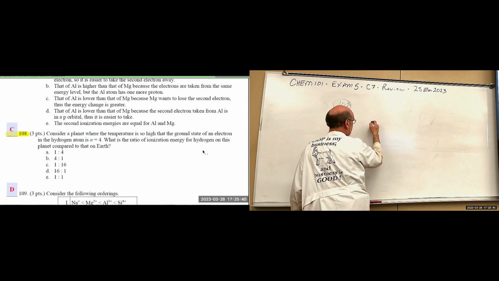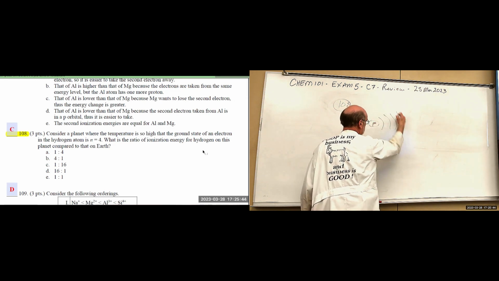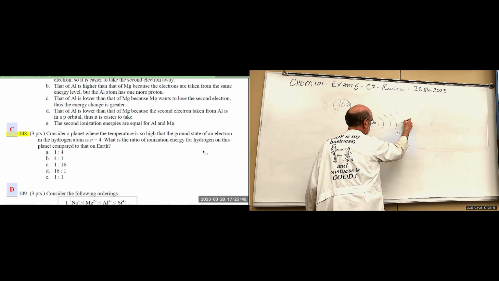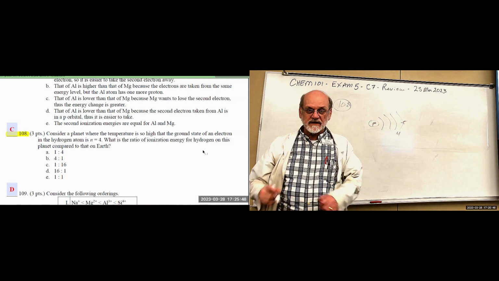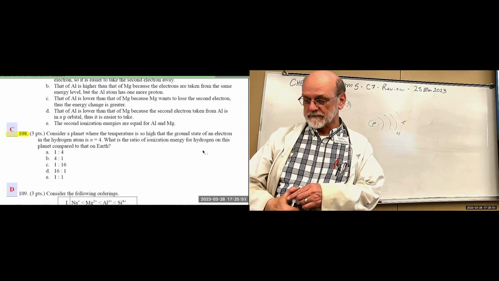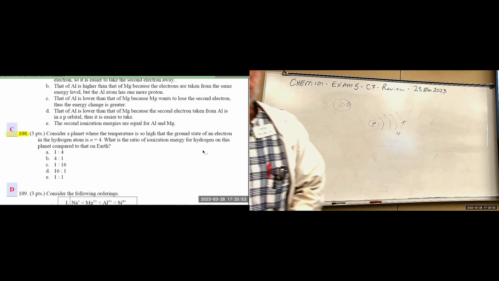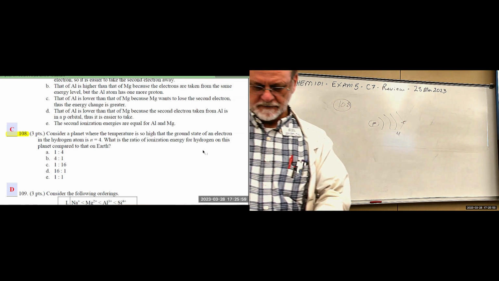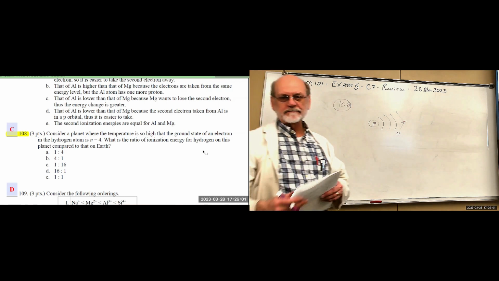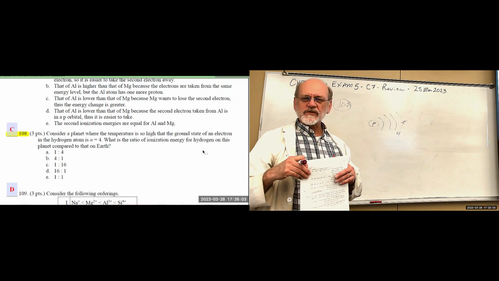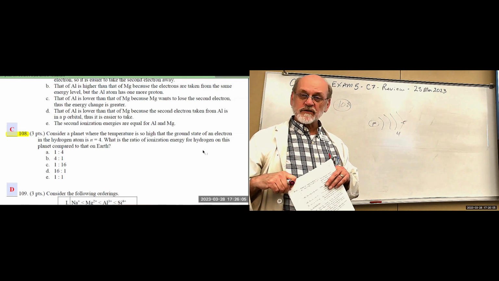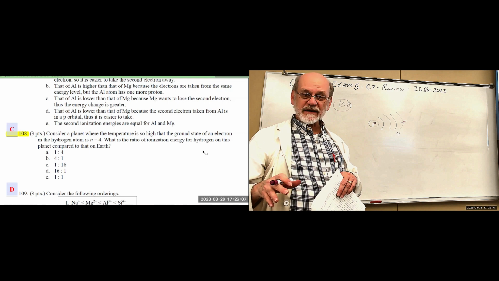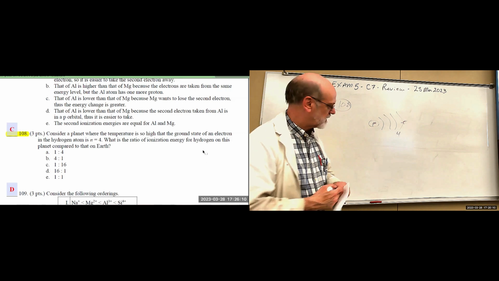Okay, so the ground state of hydrogen is that the electron is in the fourth level, n equals 4. What's the ratio of ionization energy for the hydrogen on this planet compared to that on Earth?